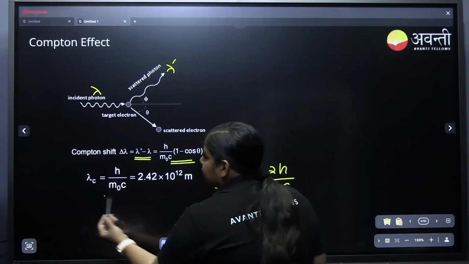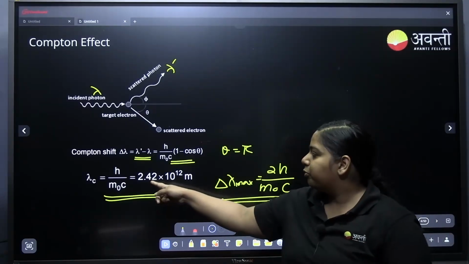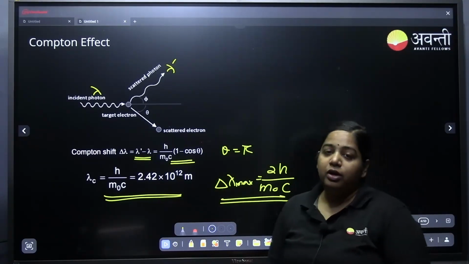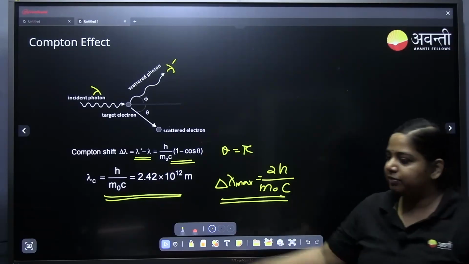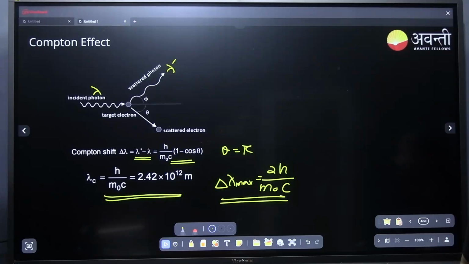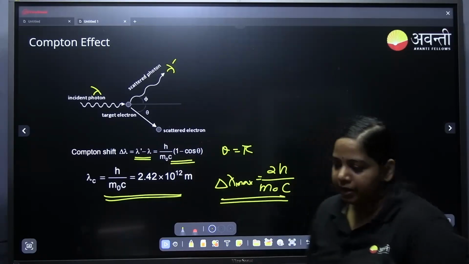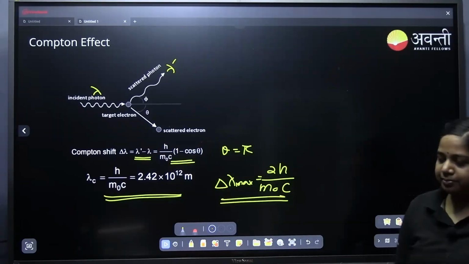And h by m naught c is equal to 2.42 into 10 to the power minus 12 meter. So this value also is given. Do you have any doubt regarding this? What is m naught? m naught is the mass of electron.